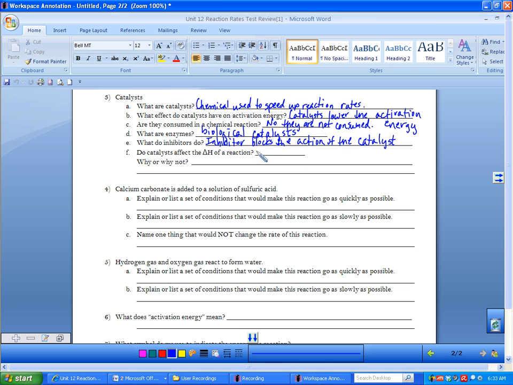Okay, do catalysts affect the delta H? No. Delta H is the product energy minus the reactant energy.